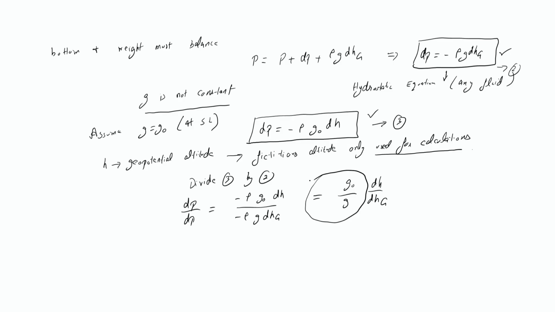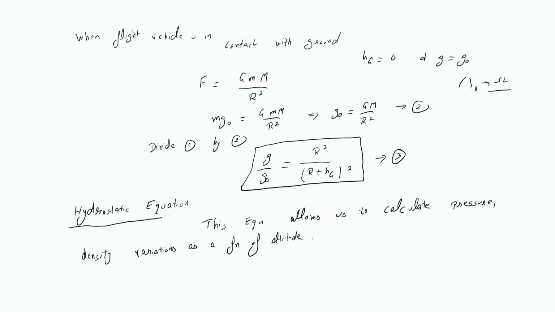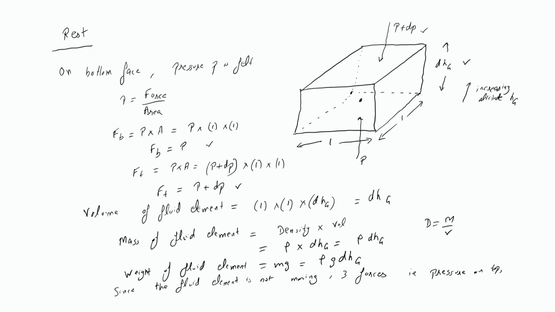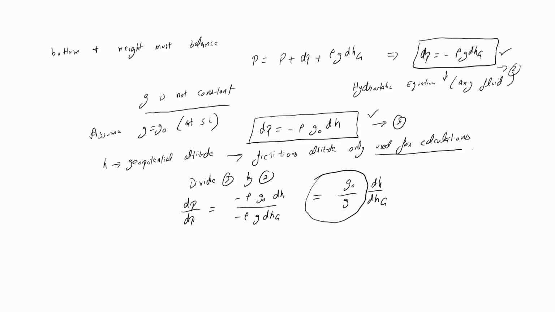G naught by G. Remember, we have already found the expression for G by G naught. Okay. So that is why we have derived this relation between G and G naught, which we will be using here. So using that equation, G by G naught was R square by R plus Hg whole square. So if we use this relation, what do we get?